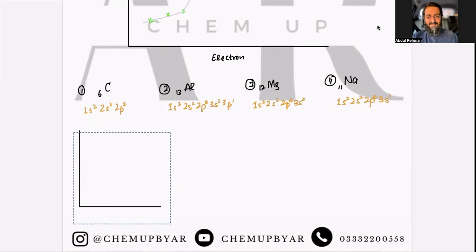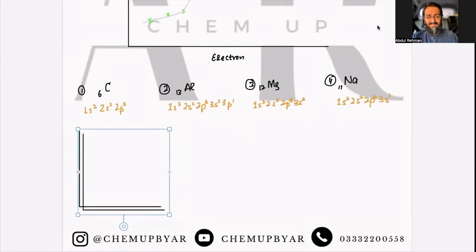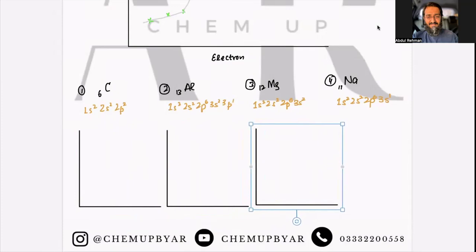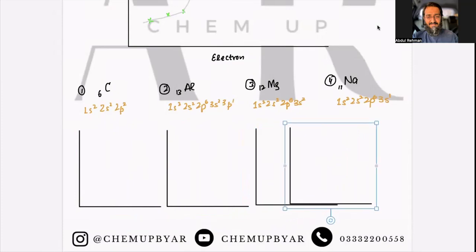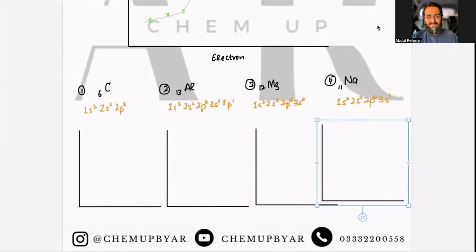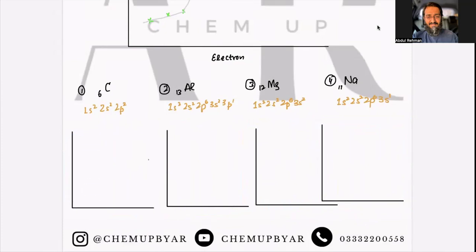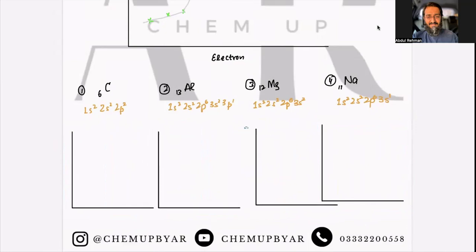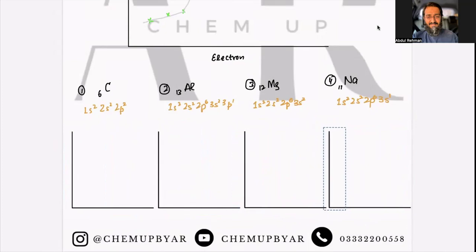First the electron is going to be removed from the valence, or the outermost subshell, in carbon, the 2p.